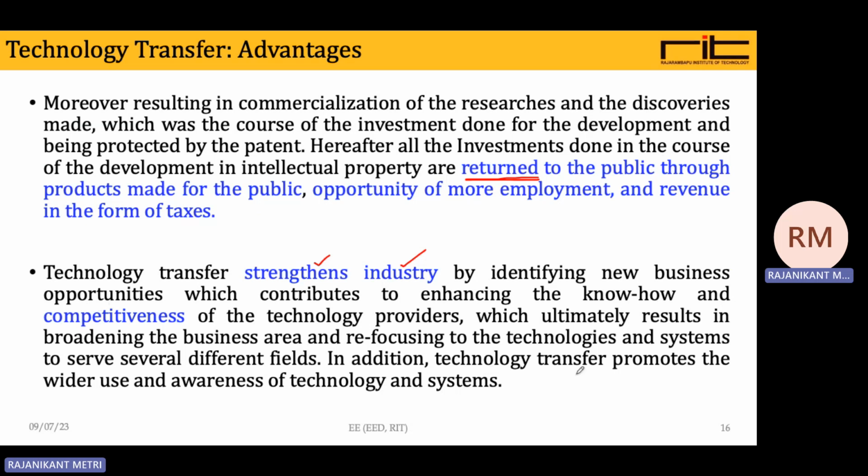And in addition, technology transfer promotes the wider use and awareness of technology and systems. So this is very important. It strengthens the industry through these mediums. It creates new opportunities, new businesses, then it creates competitiveness among the technology providers, and then it broadens that particular area.